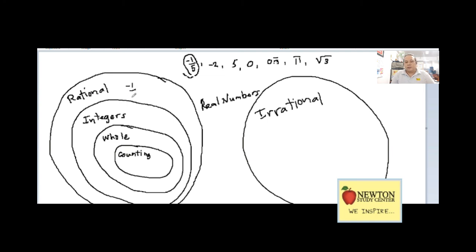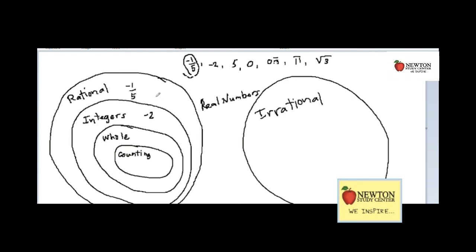And then next, negative 2. Negative 2 is whole and it is negative. So it is whole and negative, so we place it here. Negative 2 goes there. And then 0.